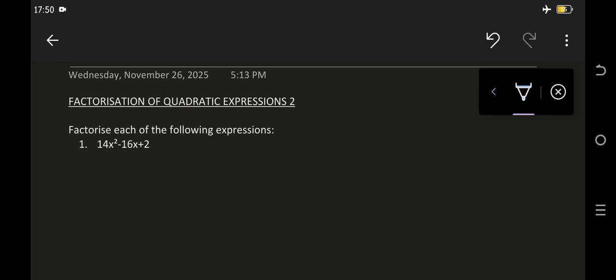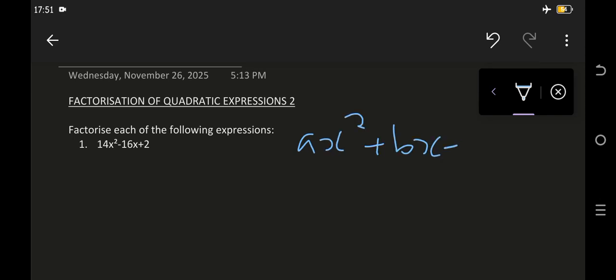Factorize each of the following expressions. The first one is 14x squared minus 16x plus 2. So remember, in quadratic expressions, we have ax squared plus bx plus c.